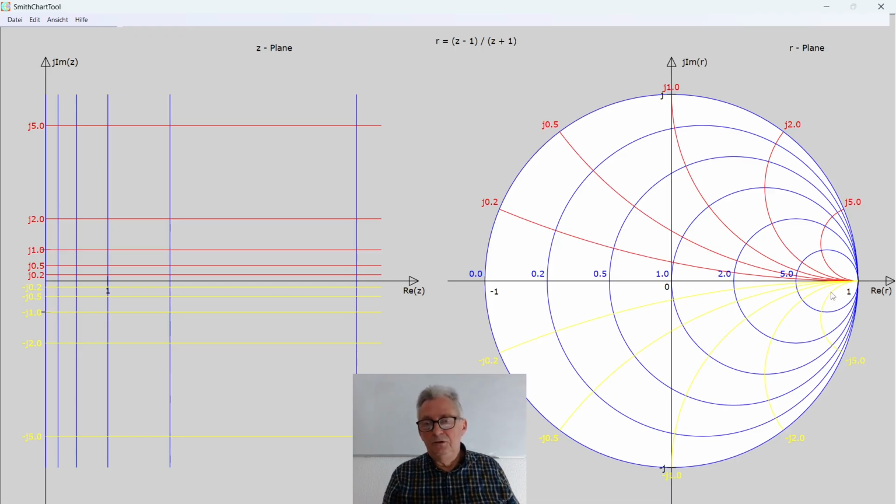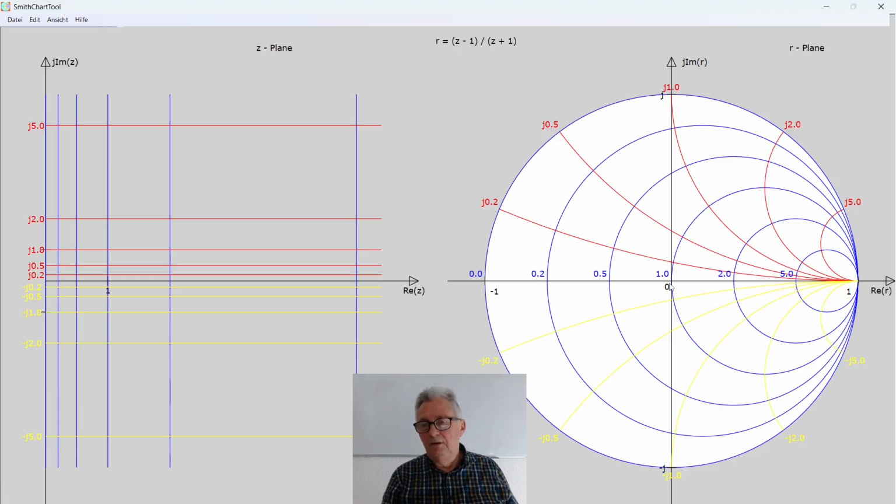And what you see here now in total is in principle the Smith chart, but in a real Smith chart these coordinate lines of the gamma plane are missing. And also this number is missing, and this number is missing, and also this number is missing.